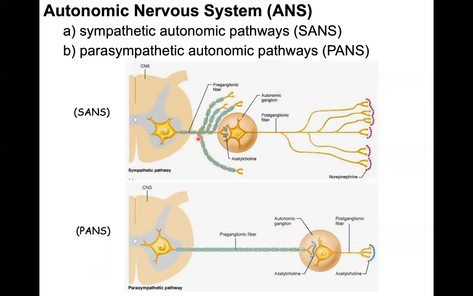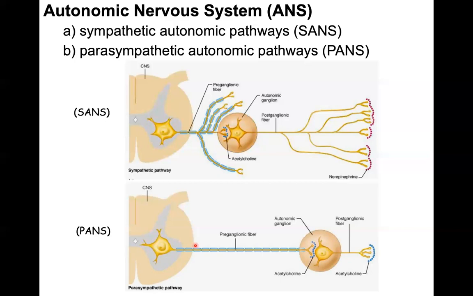It's not just that your heart starts beating faster, but your pupils dilate, your digestion slows down, you start sweating, and this branching can give that whole body response. For the parasympathetic, that no branching gives that point-to-point direct control, so you can get activity of just the stomach, activity of just the heart, activity of just the lungs. So this rest and digest has more of that point-to-point direct control.